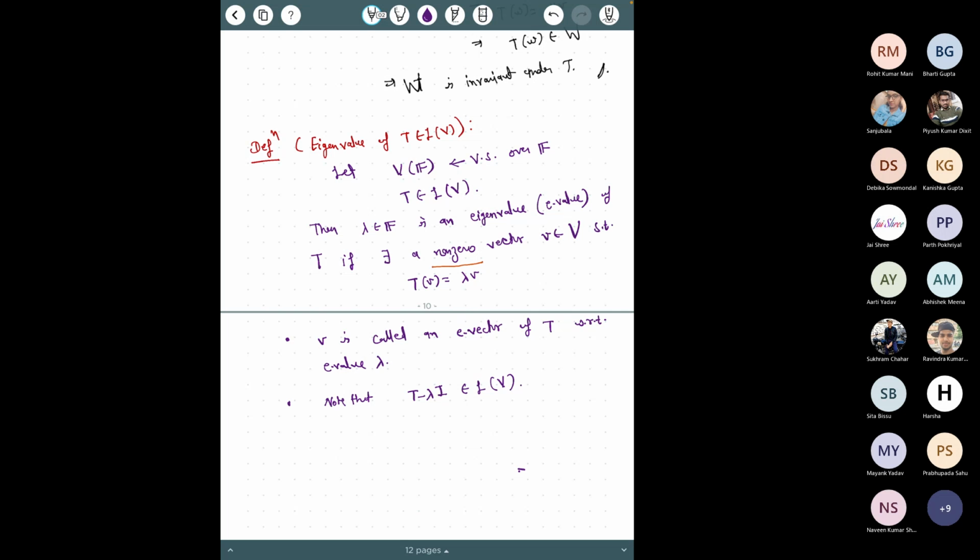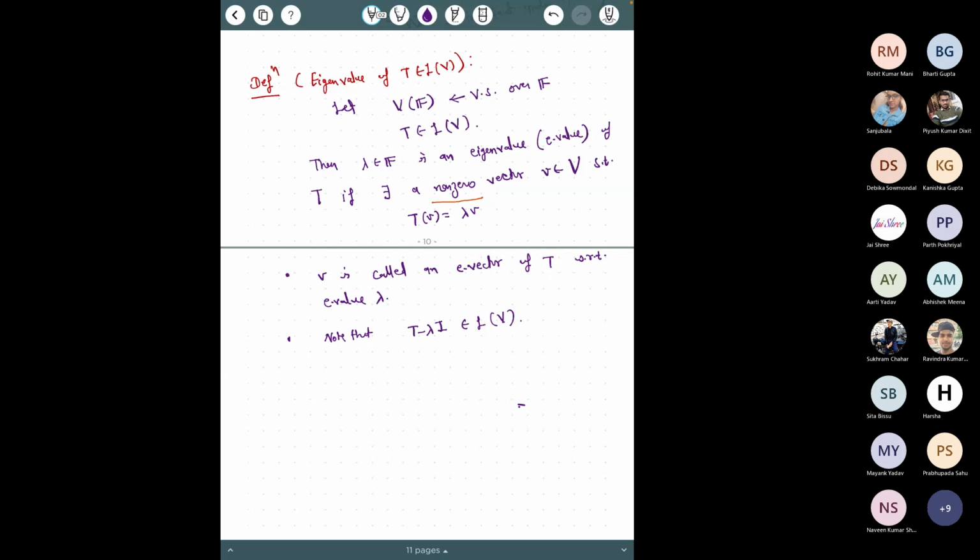So this is again a linear operator on V. So clearly you can see from the way eigenvalues are defined, that v is an eigenvector of T with respect to eigenvalue lambda if and only if v belongs to the null space of T minus lambda I.